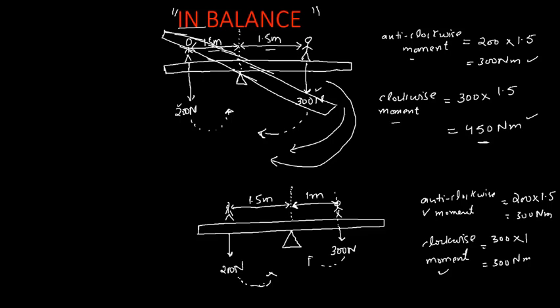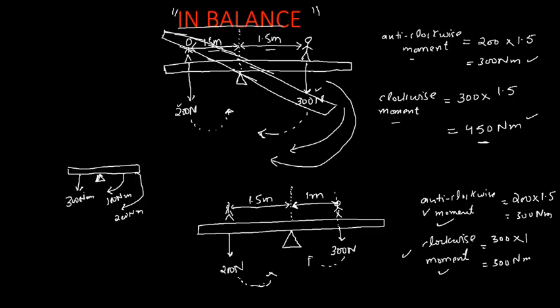So when the summation of the anti-clockwise moments is equal to the summation of the clockwise moments, then the body will be in the condition of balance. Now let's take a general example of the seesaw. I will explain what is meant by the sum. Suppose one person is causing a clockwise moment of 100 Newton meter, another person sitting here is causing a moment of 200 Newton meter clockwise, and one is causing a 300 Newton meter anti-clockwise moment.